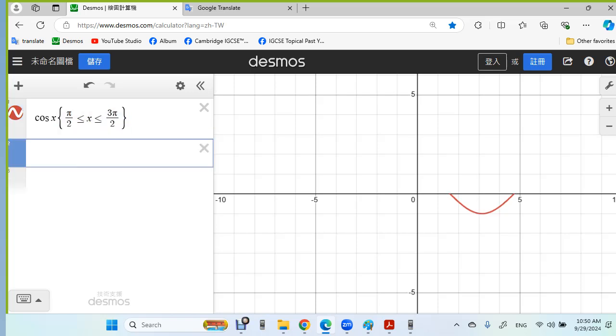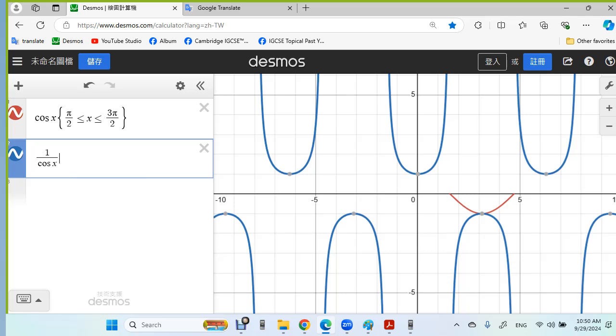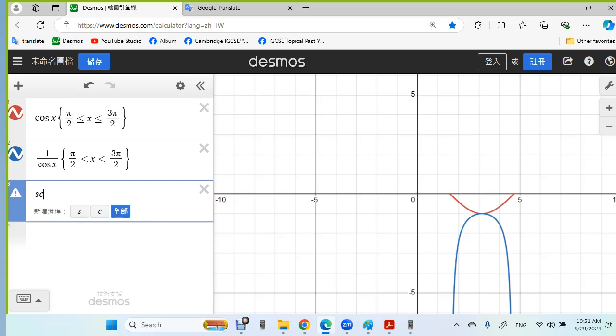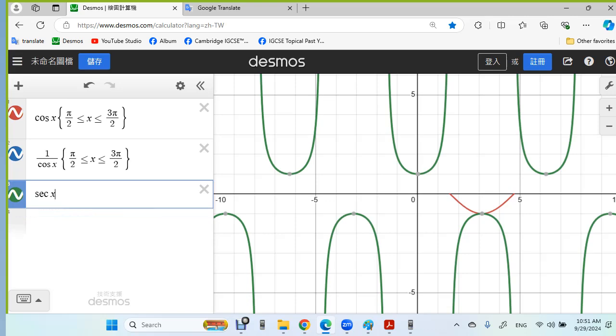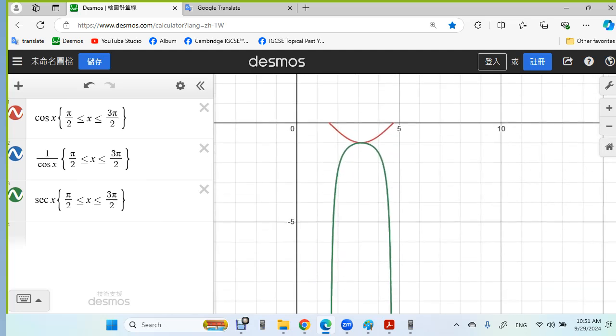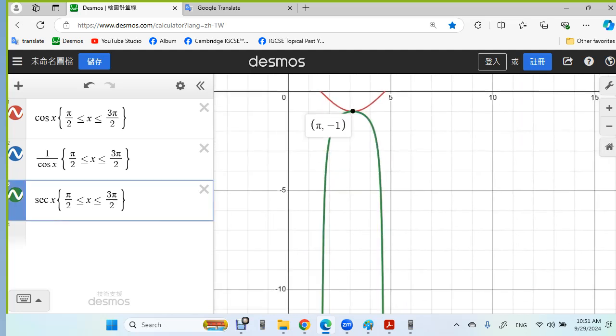So next we have the 1 over cos x. The graph is like this. So this is actually secant x. Yes, this is secant x. So for the secant x, it will be less than -1.